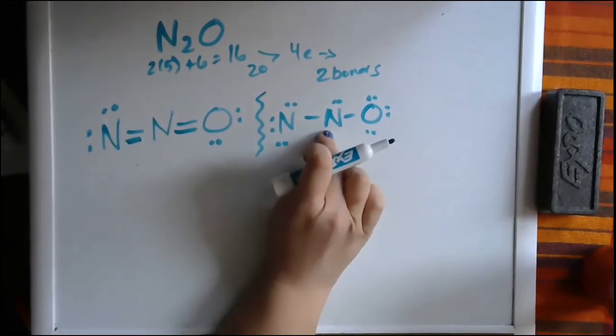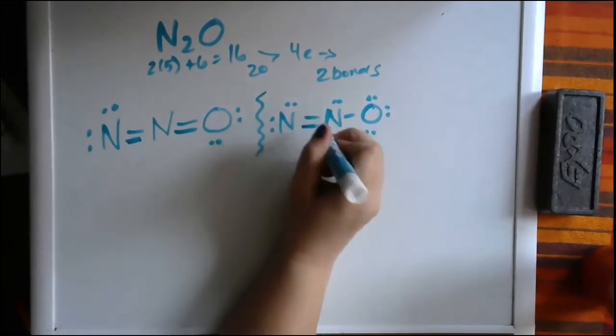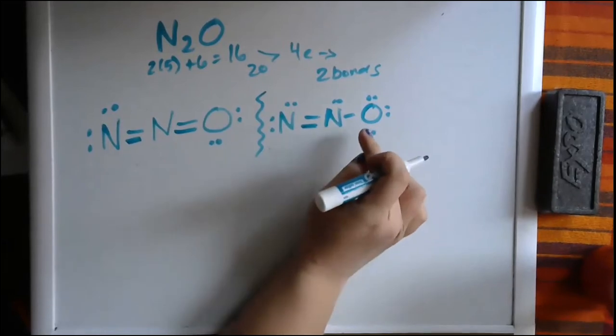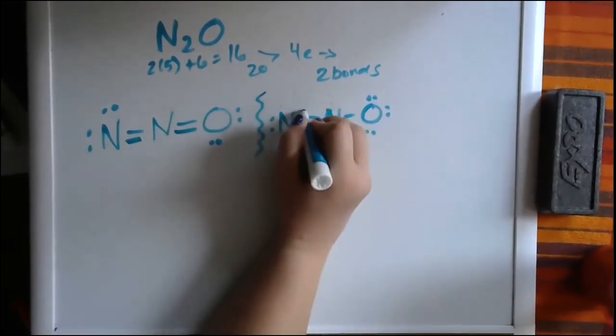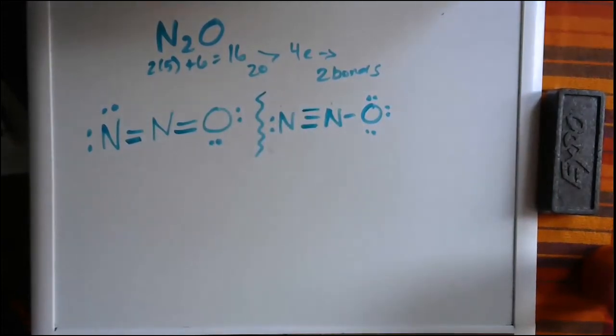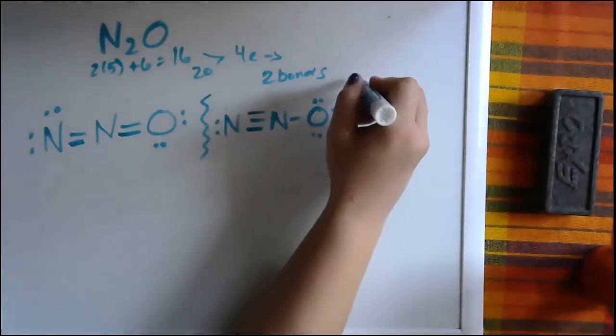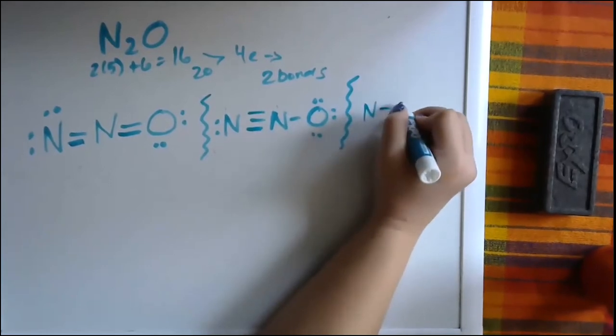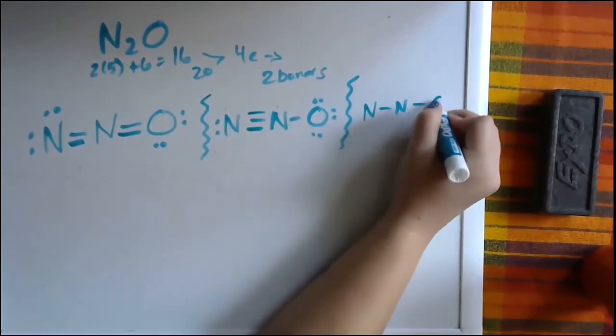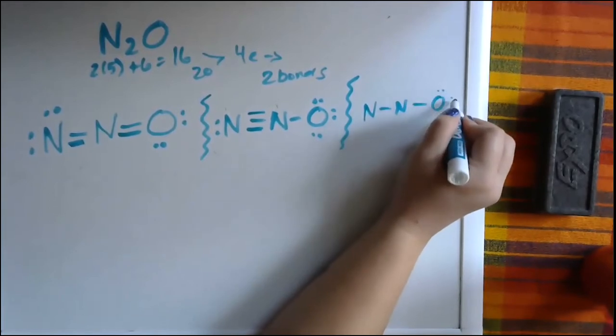I can still remove that electron pair, put a bond here. But instead of putting a double bond here, I could remove this other electron pair as well and put a double bond here. Everything still has an octet, and I'm still using the correct number of electrons. Okay, or start back at my normal starting point.